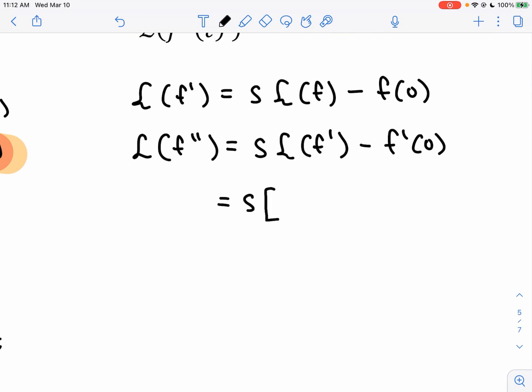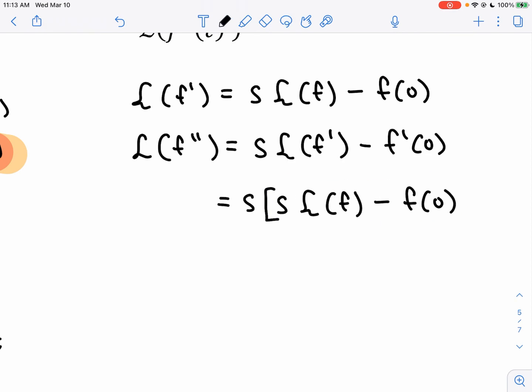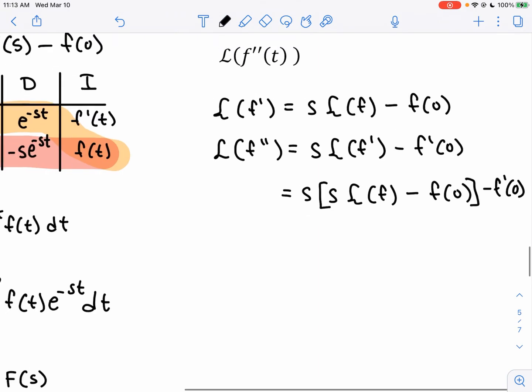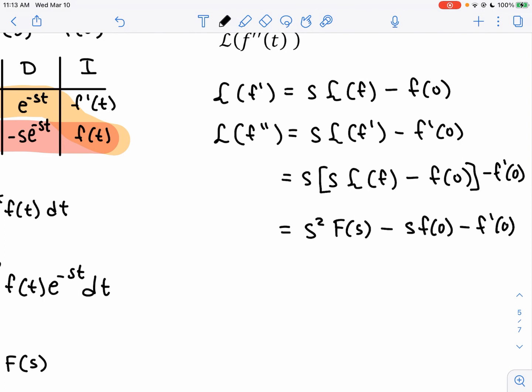Okay, s times, and then let's just copy paste that, and then minus f prime of 0. And then when you remove the brackets and parentheses, it looks like the following. We get s squared times the Laplace of f, which is just capital F of s, minus s times f of 0, and then minus f prime of 0.